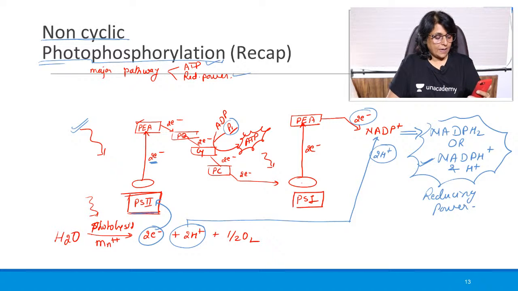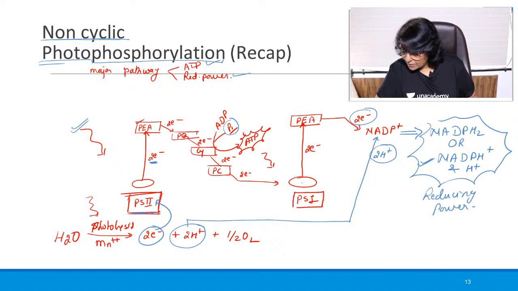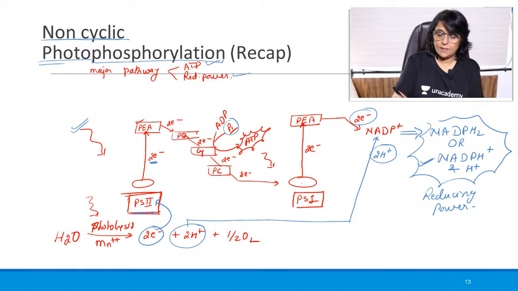Okay, Kalai has said yes, Rahul says yes, so I am going to go ahead with the next pathway. Once we are done with it, Jayant is asking about the cytochrome complex. See, this is the cytochrome complex.